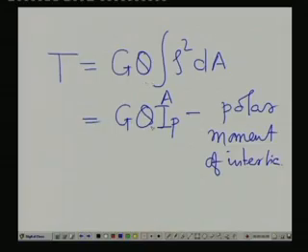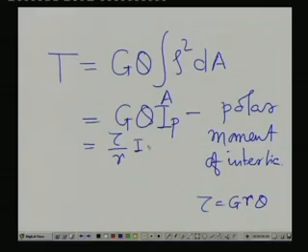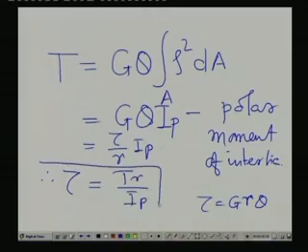Now, again if we look back at the earlier expression, we got tau equals G R theta. So, at the extreme radius, G theta can be replaced by tau by R, into I P. Thereby, shear stress tau equals T R by I P. This is a very important relationship.